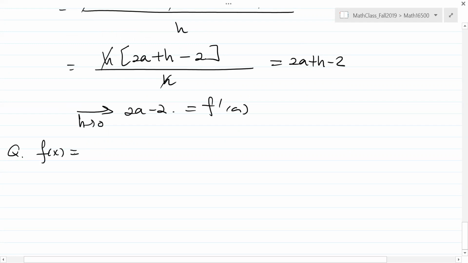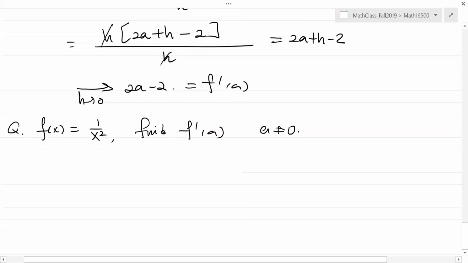So here's f of x. It is going to be 1 over x squared. Find the derivative at a, where a is not 0. Now, if you use a formula, you can get the answer quickly.